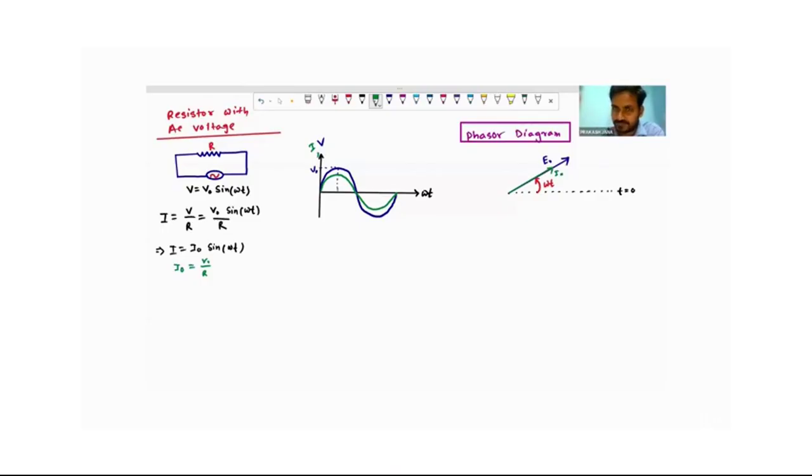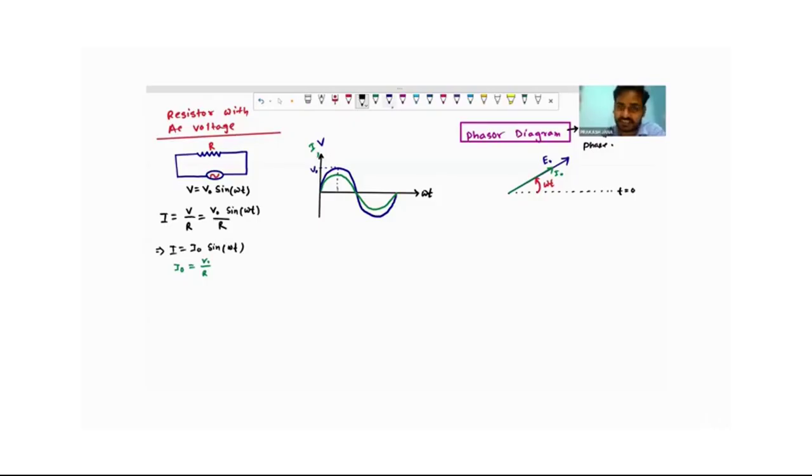In the phasor diagram we represent the amplitude of the current and voltage, plus the phase. Here we represented the phase also.